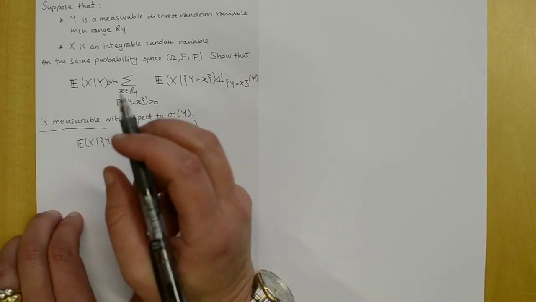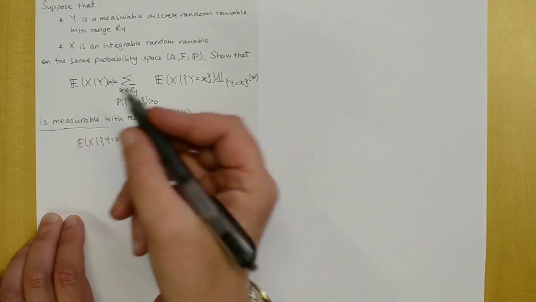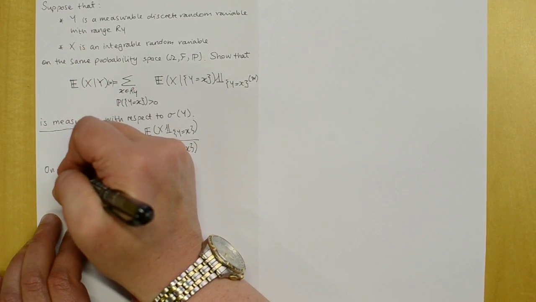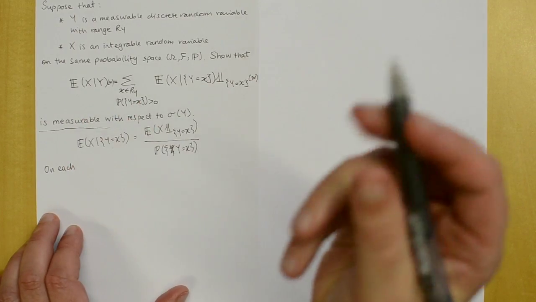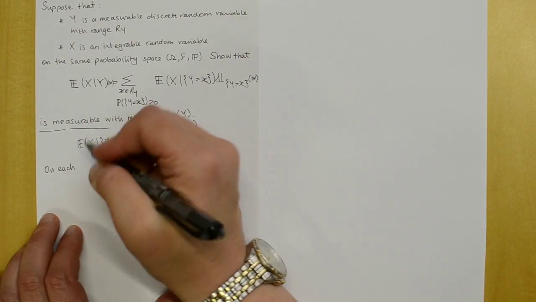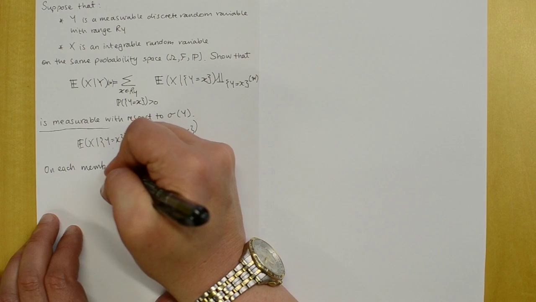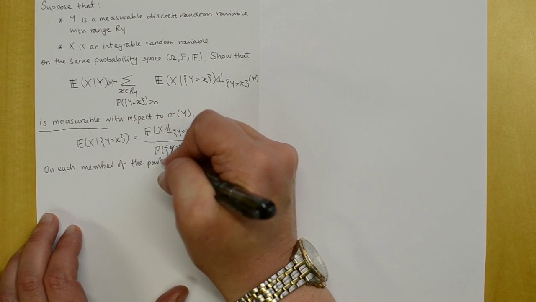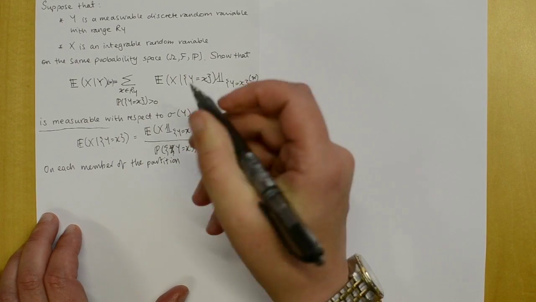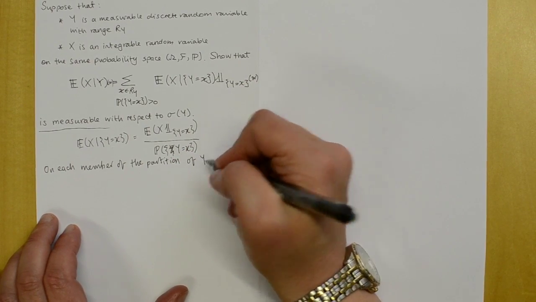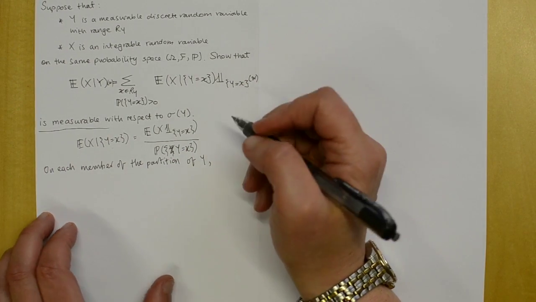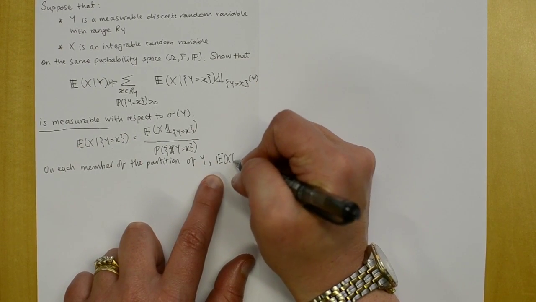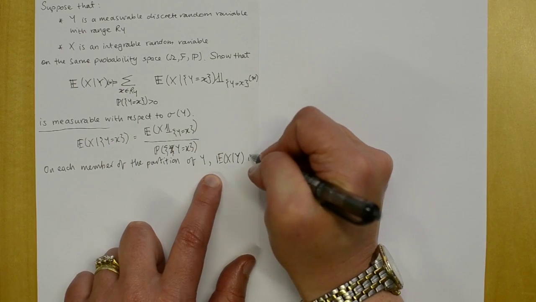So one thing we can say for certain is that on each member of the partition of y, this conditional expectation of x given y is constant.